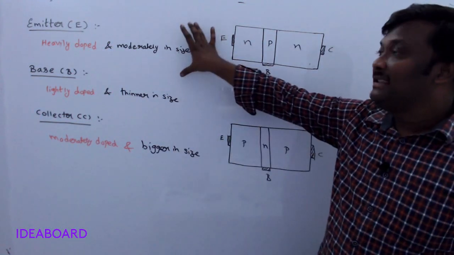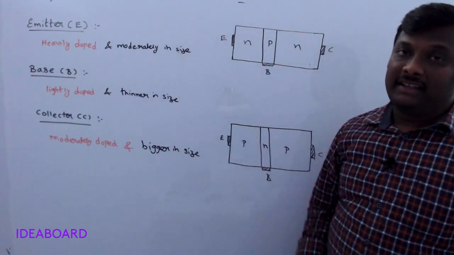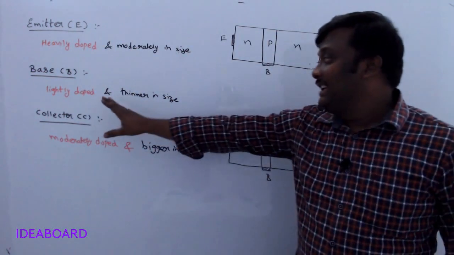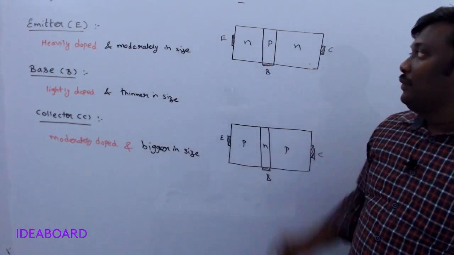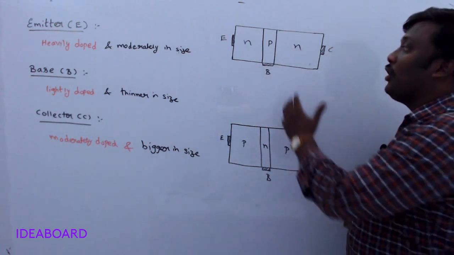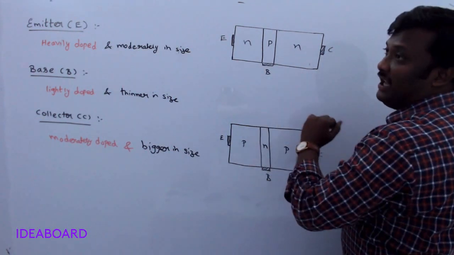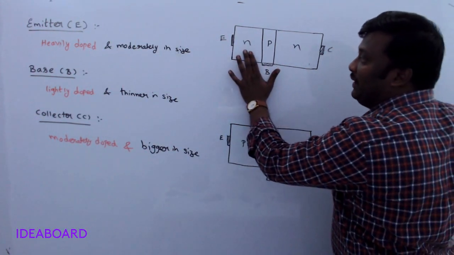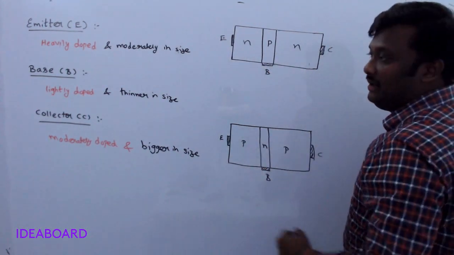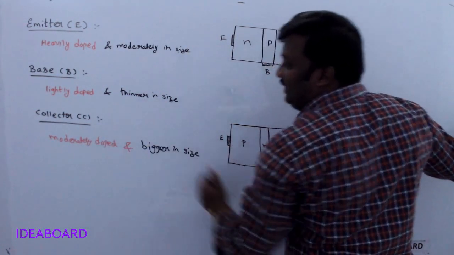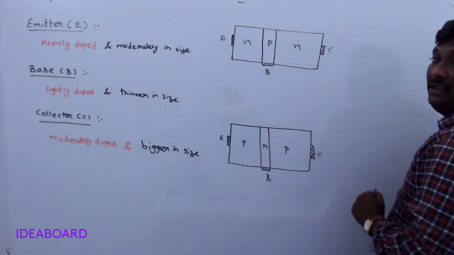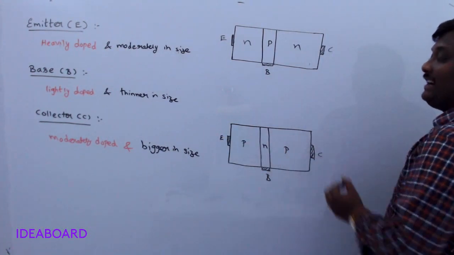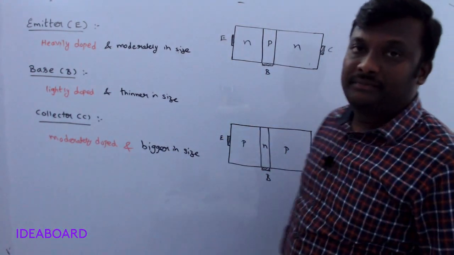Okay, it always supplies the majority charge carriers. Base, it is lightly doped, thinner in size. Okay, it always controls the majority charge carriers flowing from the emitter to the collector. Collector, moderately doped and bigger in size, and it always collects the charge carriers.